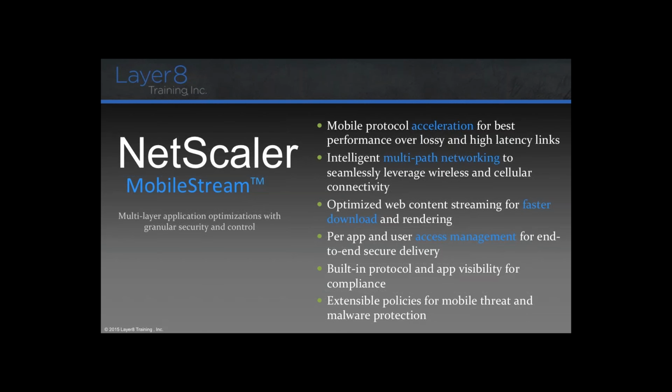We have optimized web content streaming for even faster downloads and renderings of your web content. We have per application and per user access management for end-to-end secure delivery. We have built-in protocol and application visibility for compliance, if you need to maintain your compliance, and we have extensible policies for both mobile threat and malware protection.